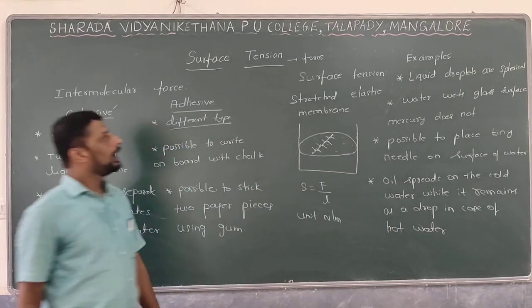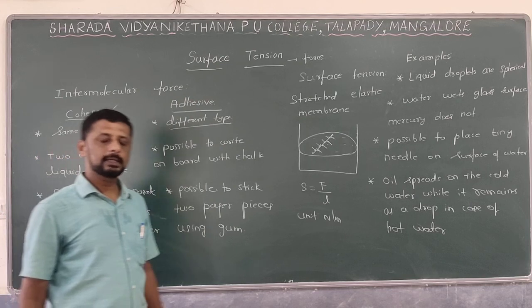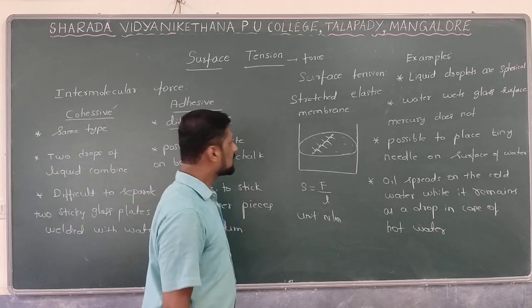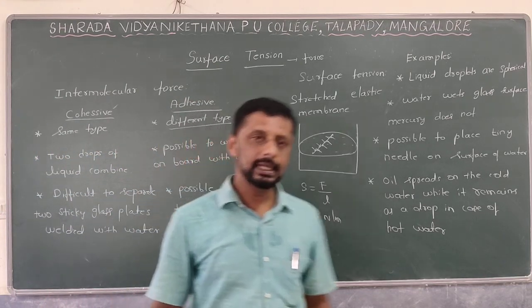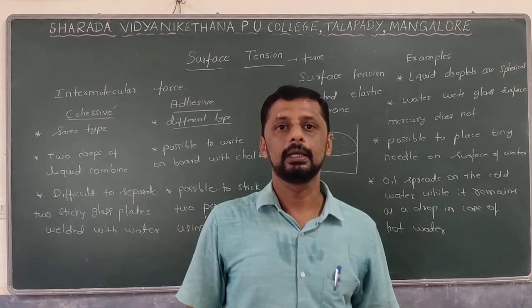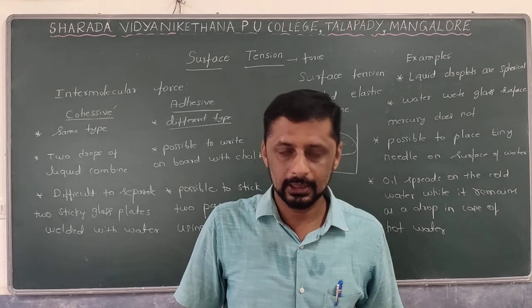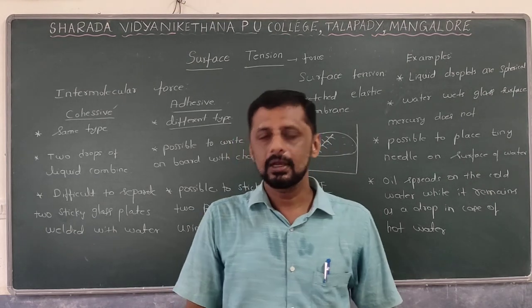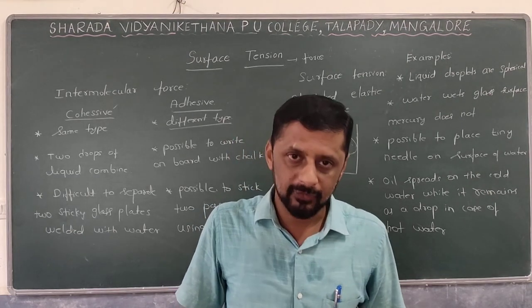Next, we'll move to a very important concept, that is surface tension. It is the property of the liquid by virtue of which its free surface behaves like a stretched elastic membrane. That property is known as surface tension. Normally, the liquid surface always tries to attain minimum surface area.